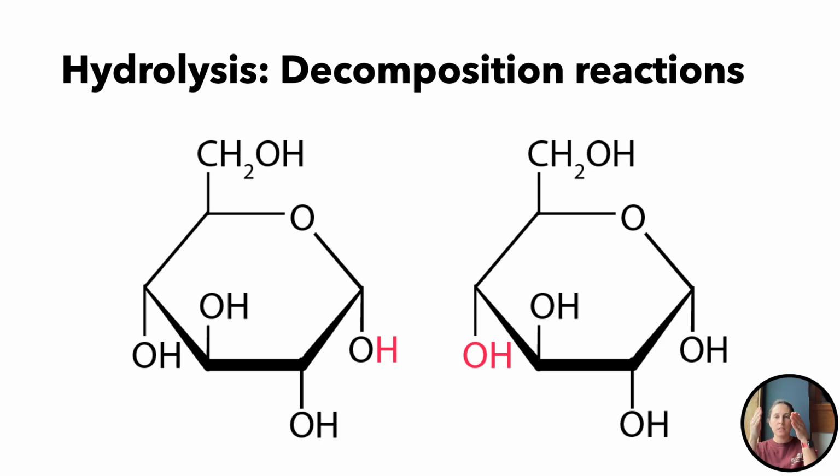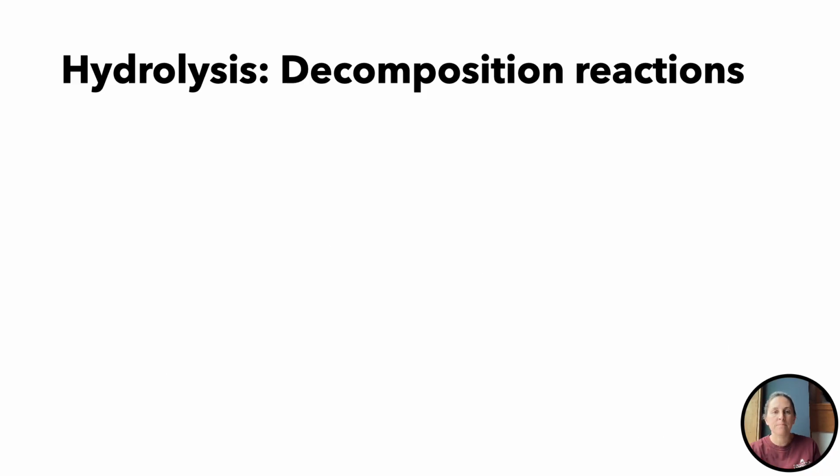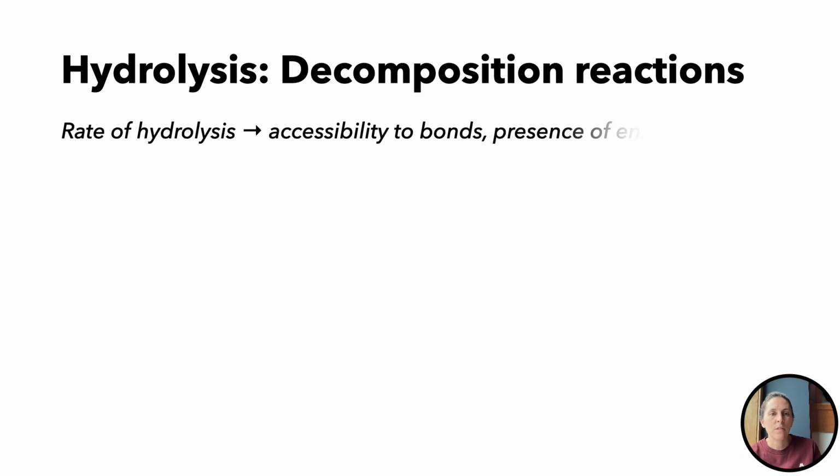So what we have is the addition of water and the breaking of something that is more complex into its little subunits. The rate of hydrolysis, so how quickly water can break things down, is dependent on the accessibility of bonds. If water can't get into a bond to break it, then water can't break it, right?